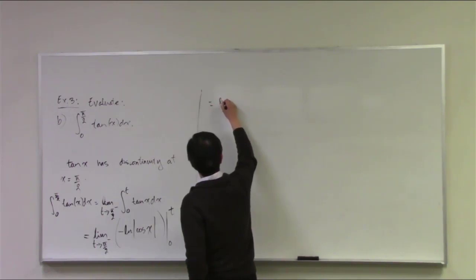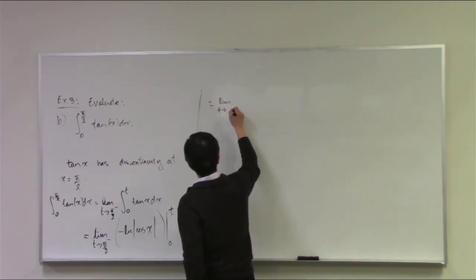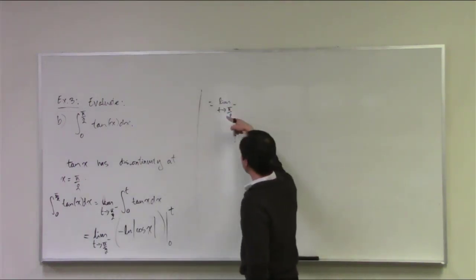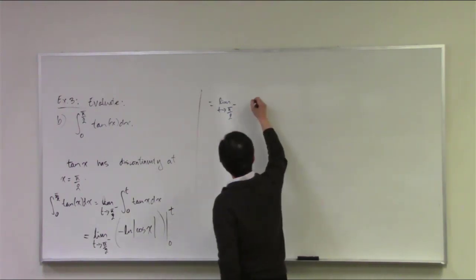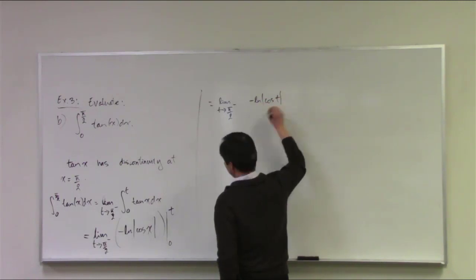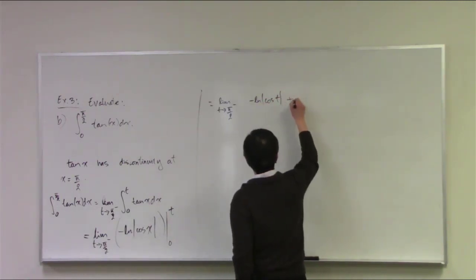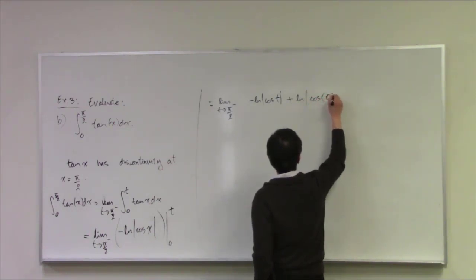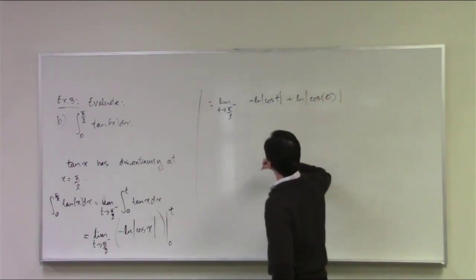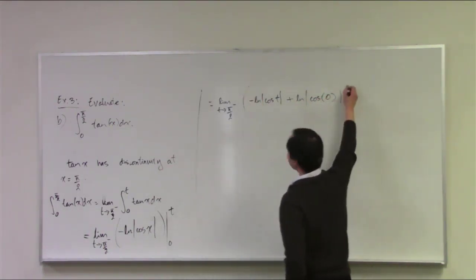It's still a limit problem, but now we've completely turned our problem into a limit problem here. We're considering t getting close to pi over 2 from the left-hand side. You're looking at minus natural log of cosine of t, and now it's going to be plus natural log of cosine of 0. Is everybody following with me so far?